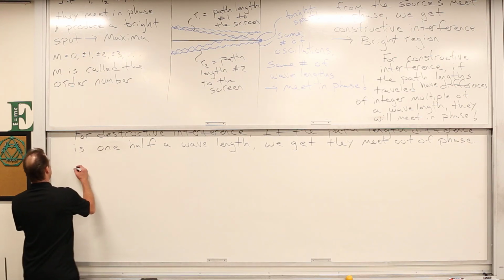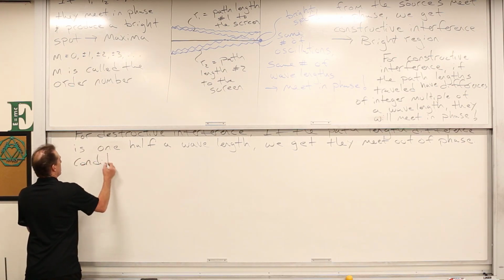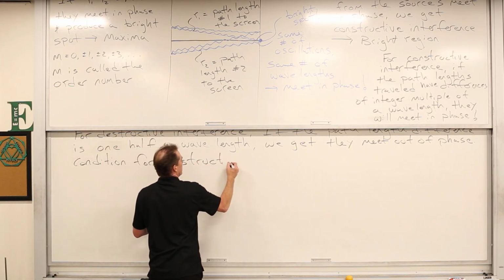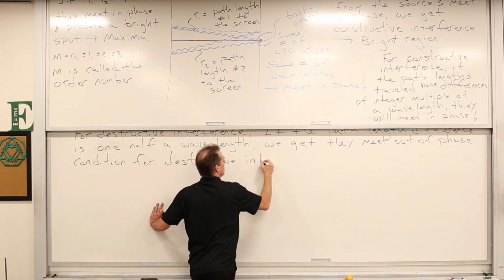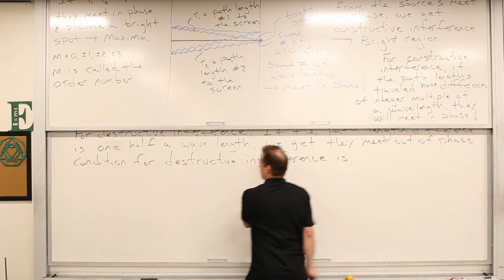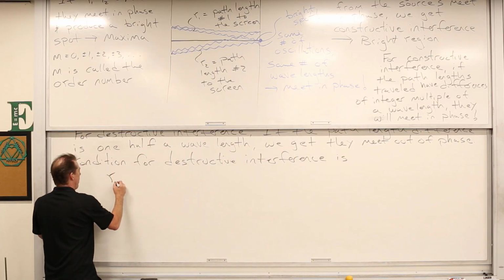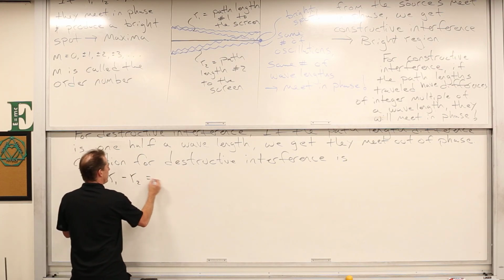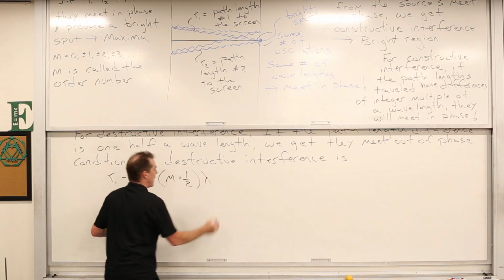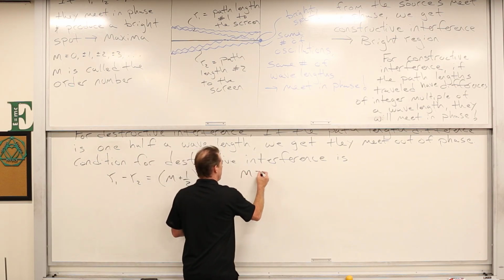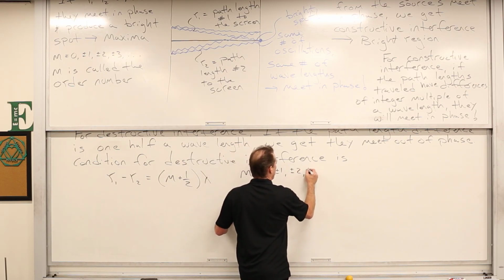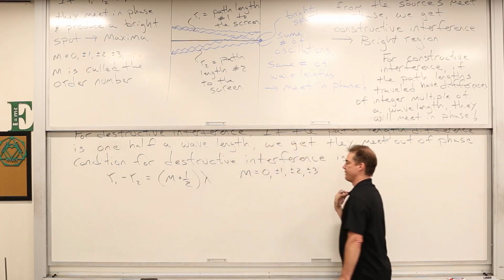So what we can write is the condition R1 minus R2 is equal to m plus 1/2 times lambda, where m is equal to 0, plus or minus 1, plus or minus 2, plus or minus 3, still known as the order number.